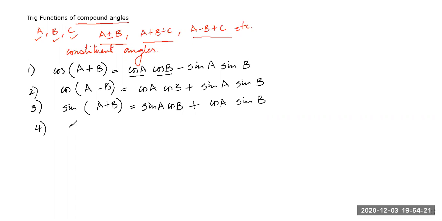Then the fourth one, sine of A minus B. Now, what is the compound angle? A minus B is equal to, in case of sine, the sign does not change. So minus here, but the function changes. That is sine A cos B minus cos A sin B. All right.